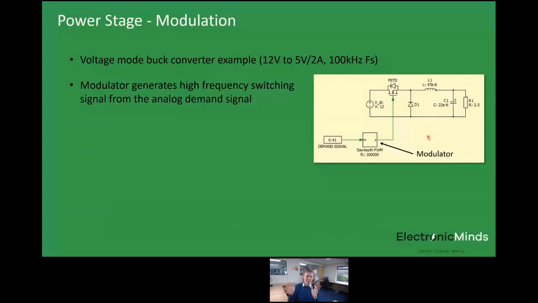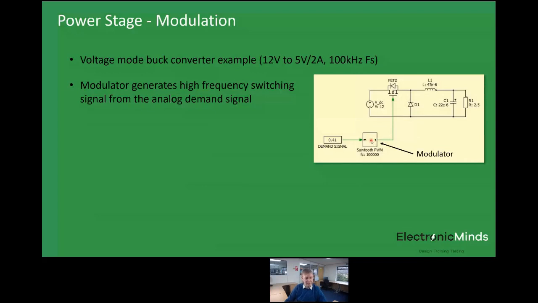What we need, remember, from that power stage response, is an analog representation going into the block, a demand signal going in, and some output signal like our Vout voltage coming out. But the actual power stage itself, the switch, needs a switching signal. So to generate the switching signal, we also include a modulator.